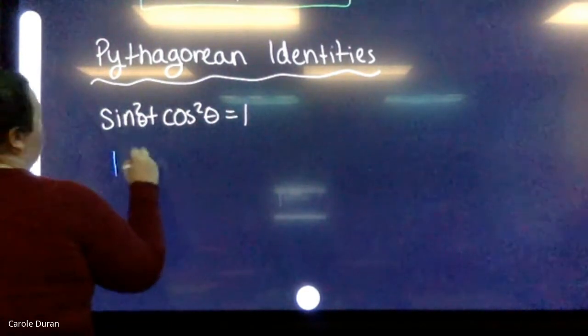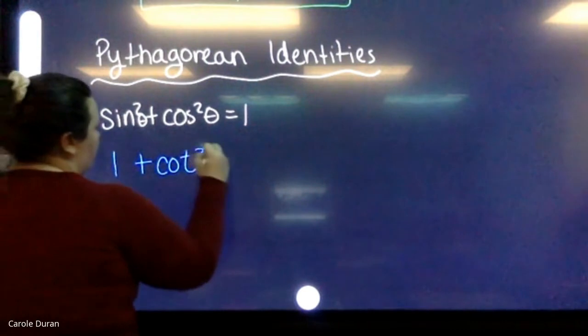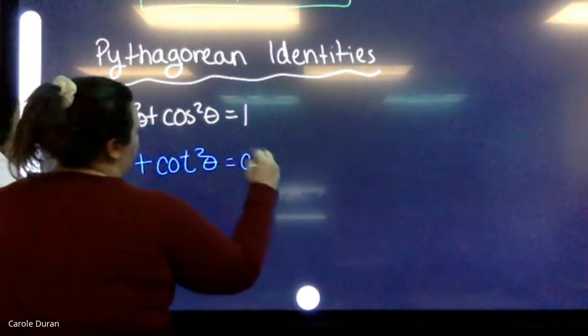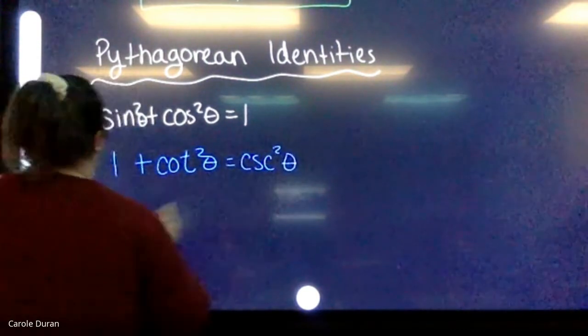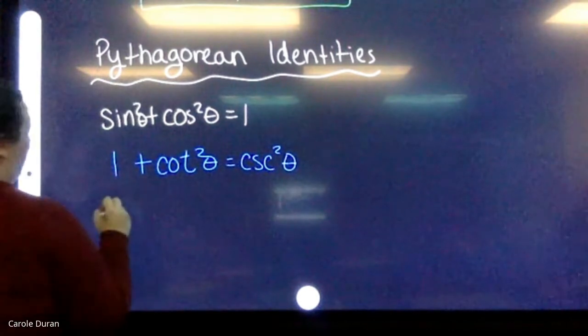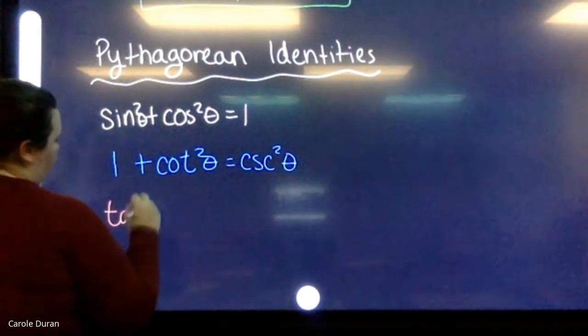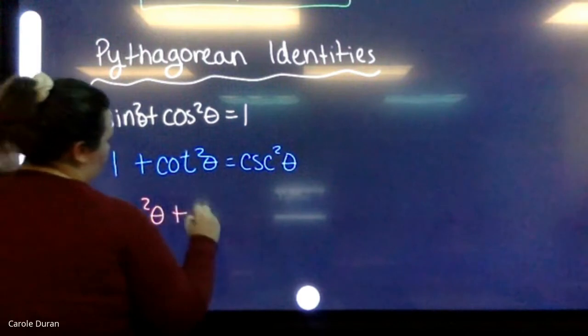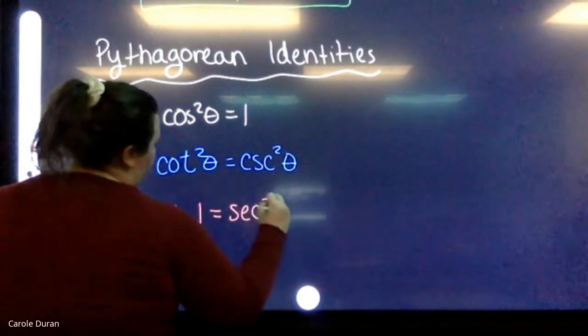Then we have 1 plus cotangent squared equals cosecant squared. And then we have tangent squared plus 1 equals secant squared.